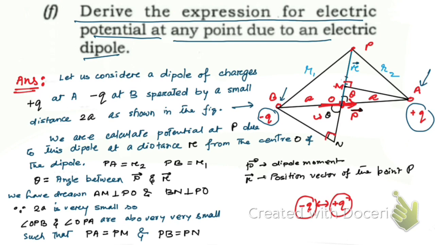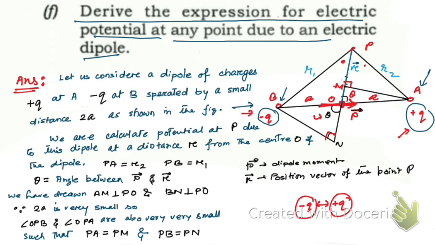So just I have drawn this one here, this one here, doesn't mean that they are this much distance apart from each other, right? So in this case, these two angles are very small, as the separation between two charges of the dipole is very small, that's why these two angles are very small.